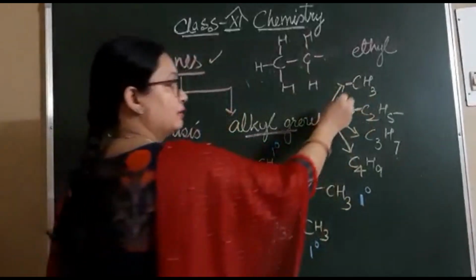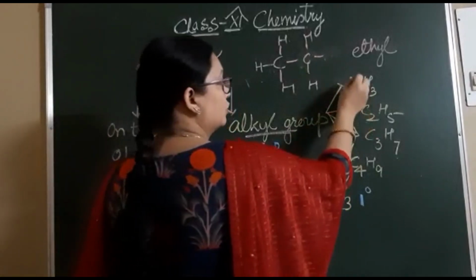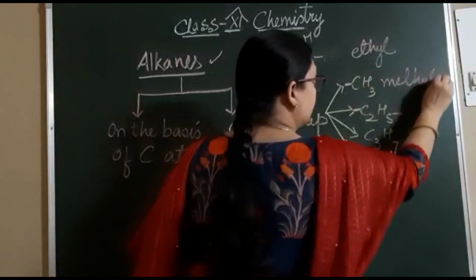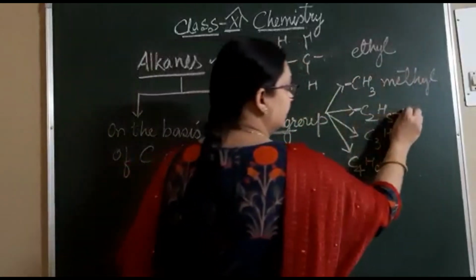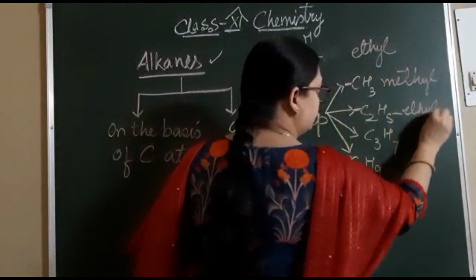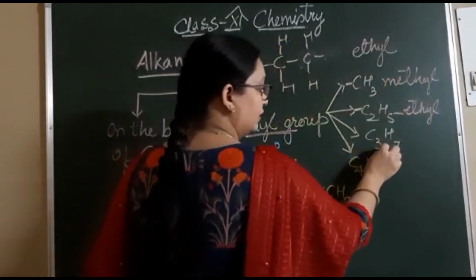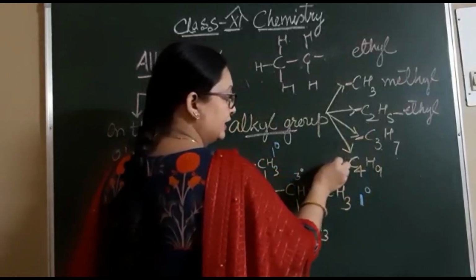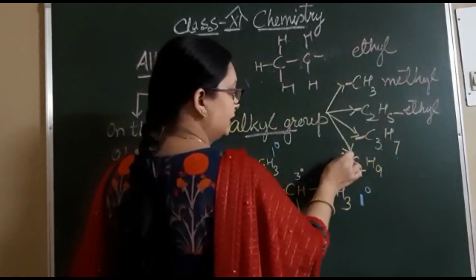So I am giving you 2 examples. From methane, the methyl group will be created. From ethane, the ethyl group will be created. From propane, propyl will be created, and from butane, the butyl group will be created. And here these are incomplete, so we represent that a bond is present.